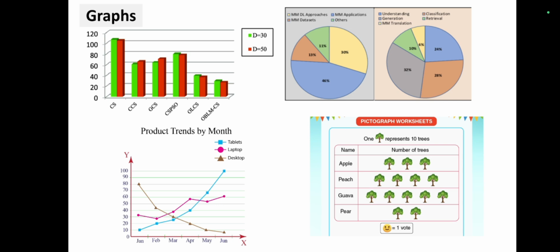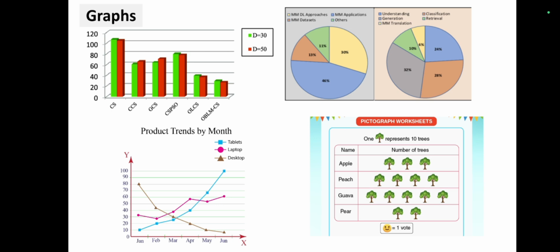So as you can see, ang mas mataas or trending na product from January to June is tablets. Paangat siya. Sa January 10, February 20 hanggang sa June is naging 100 na siya.